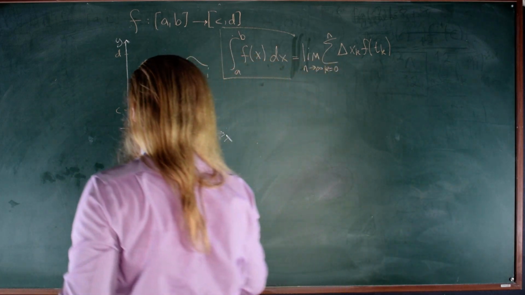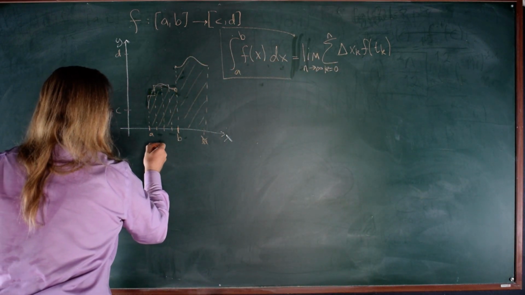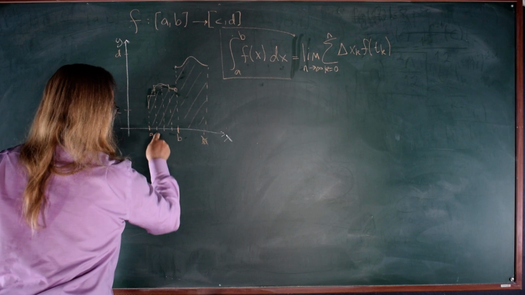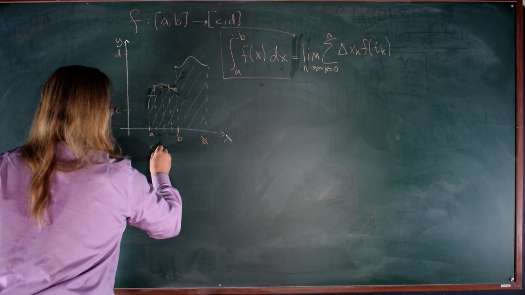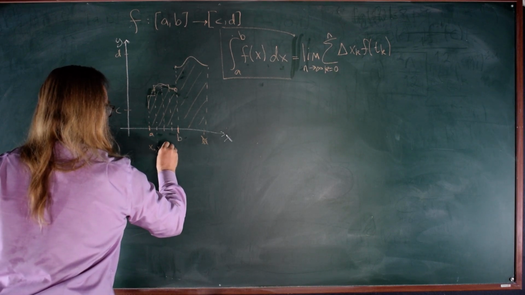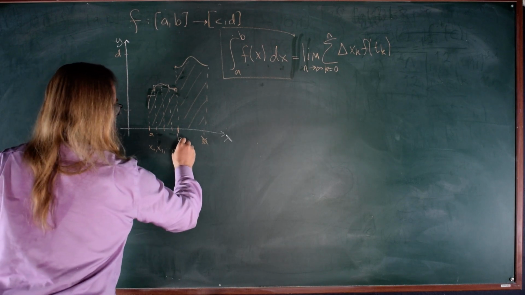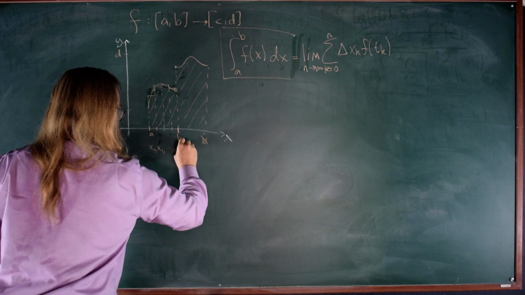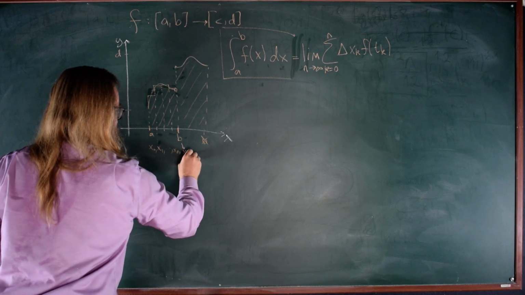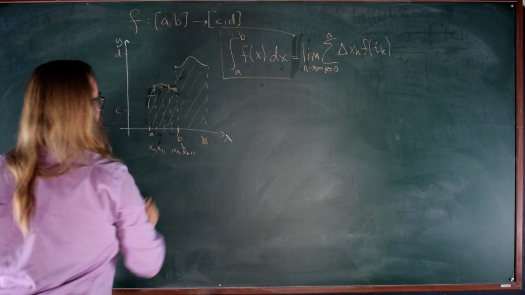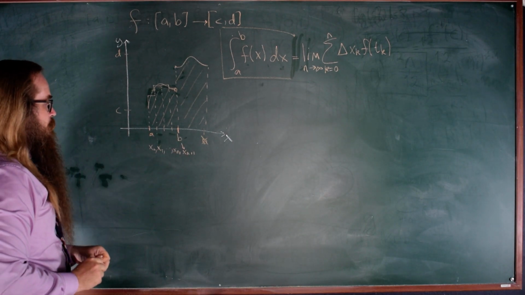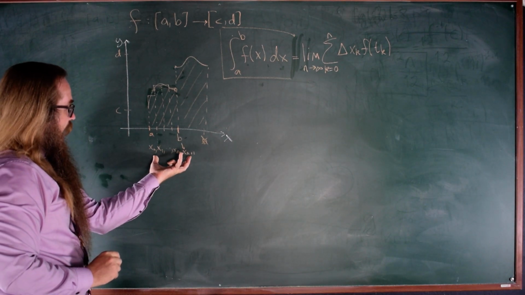So what I've done here is, okay, I've said a is x0, this one is x1, and then I go up to xn, and I actually call the last one xn plus 1.